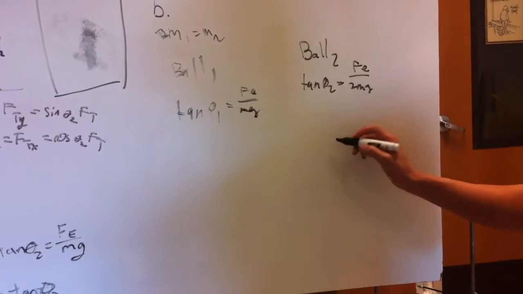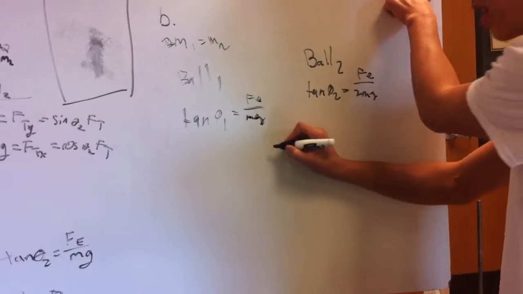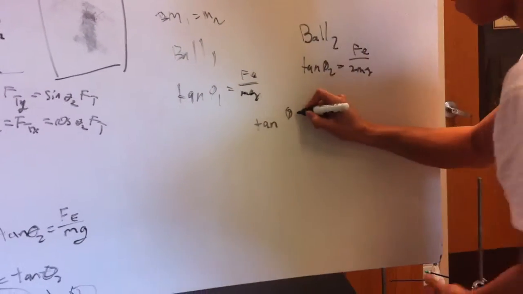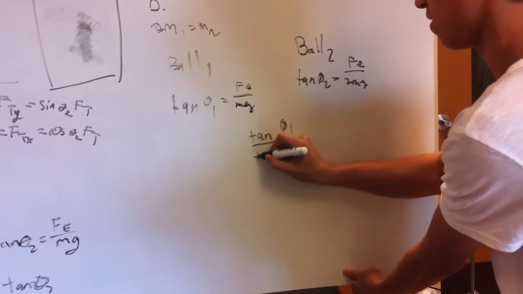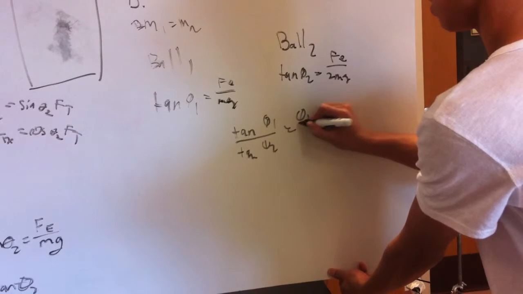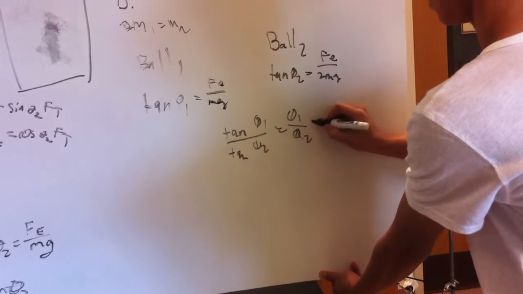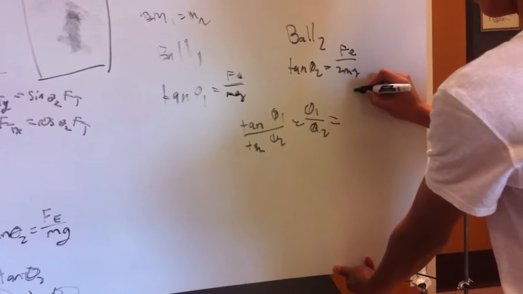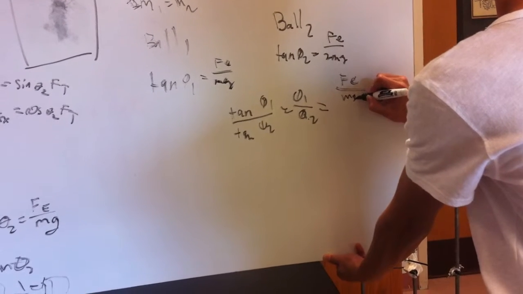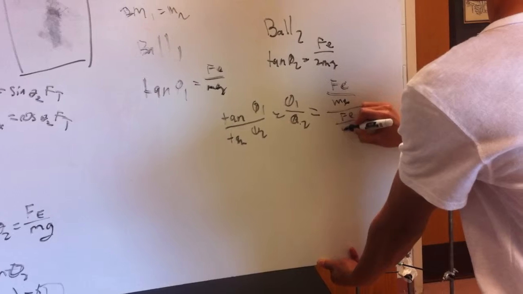And if you solve like you did in the problem before, you have tan theta 1 over tan theta 2 equal to Fe over mg divided by Fe over 2mg.